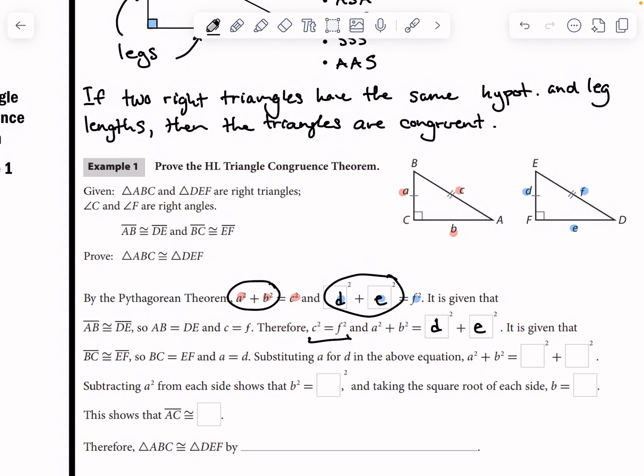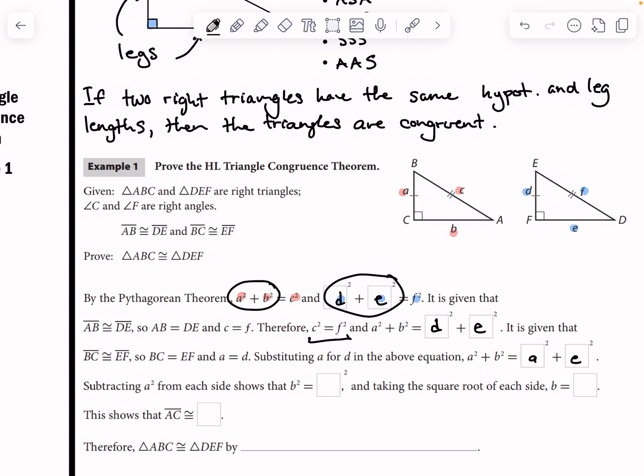It is given that BC is equal to EF, or just a is equal to d, so we know that to be true. We're going to substitute a for d in the above equation, so we have a squared plus b squared is equal to a squared plus e squared.